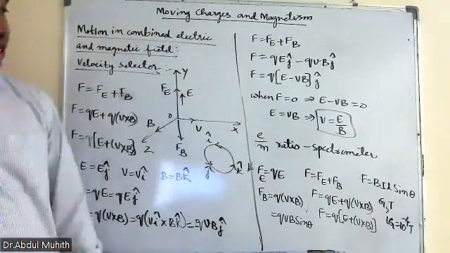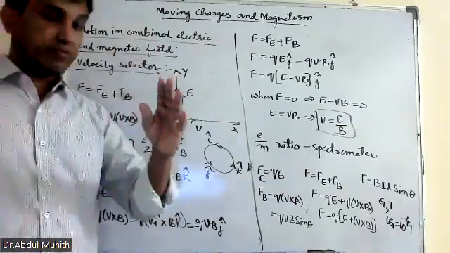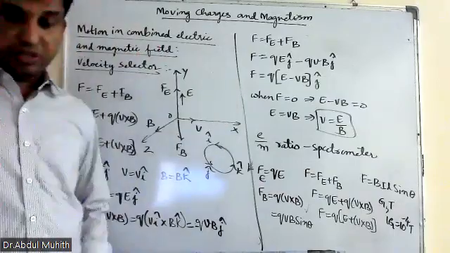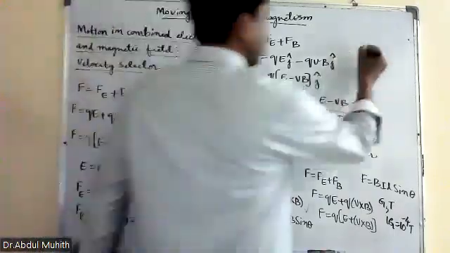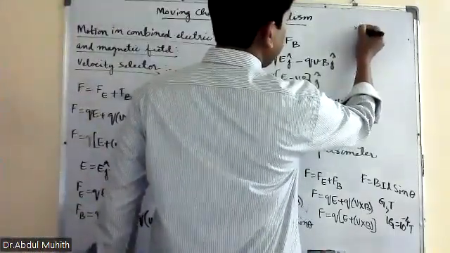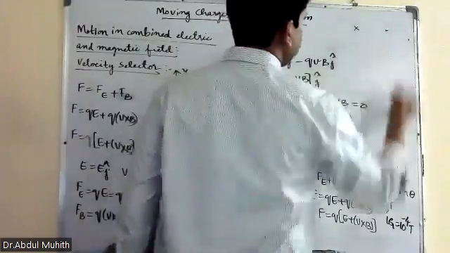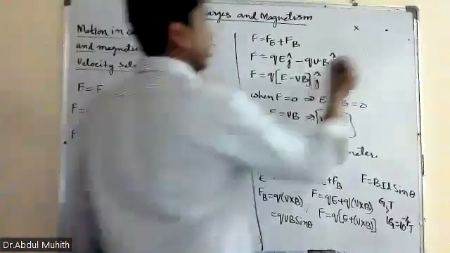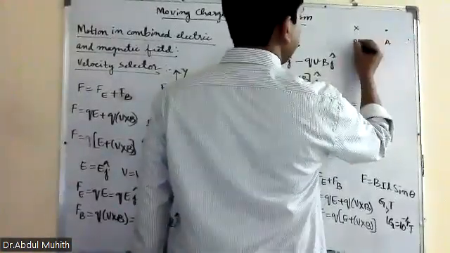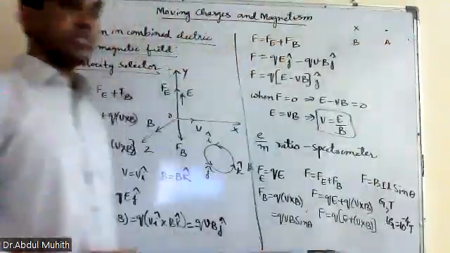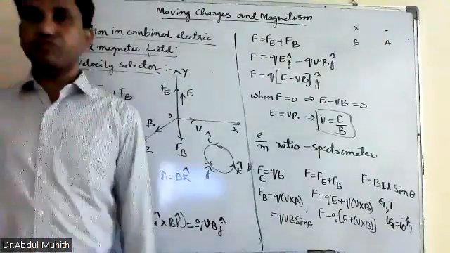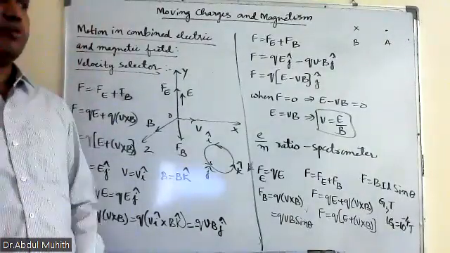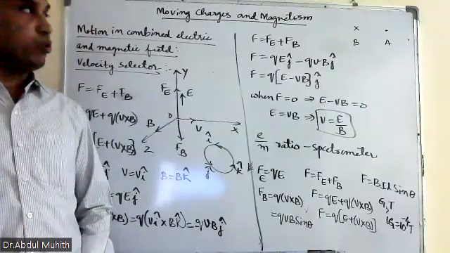Third one is what? When you release a charge in the magnetic field. Suppose when I speak about this one, what is the meaning of this cross and dot? Which current is coming out of the board and which one is going into the board?